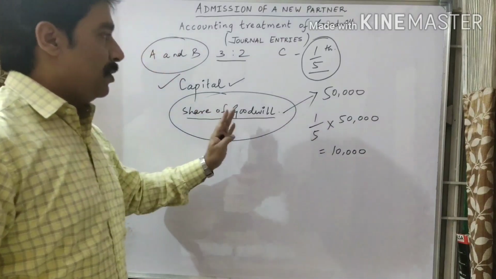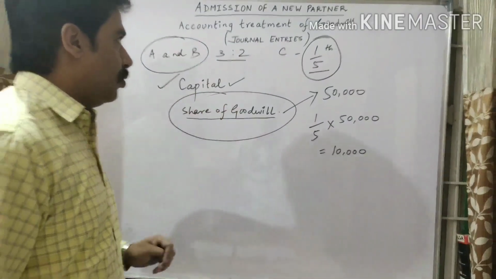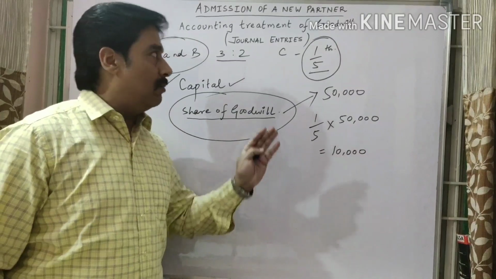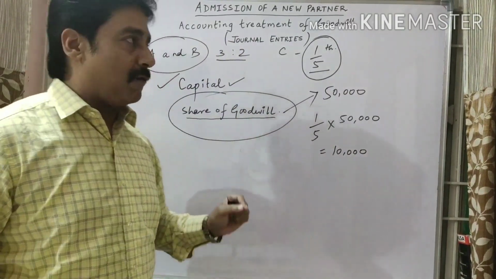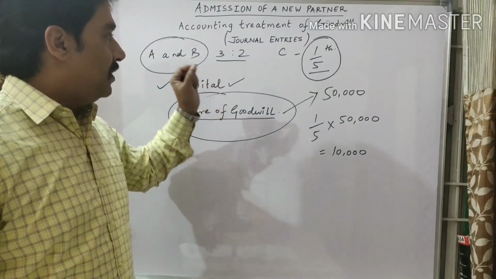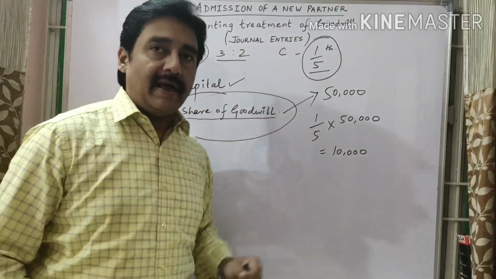Children, I hope you understood the basic concept related to the accounting treatment. Now I'll move on to the journal entries, and I'll tell you what journal entries have to be passed at the time of admission of a partner regarding goodwill.